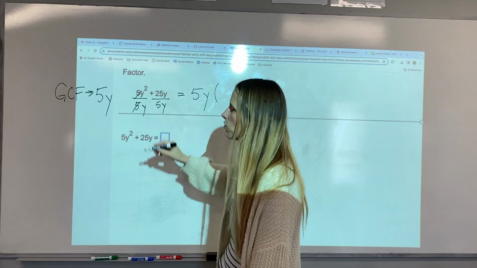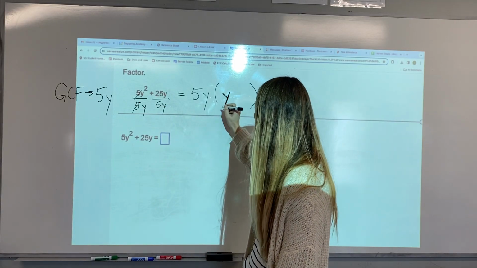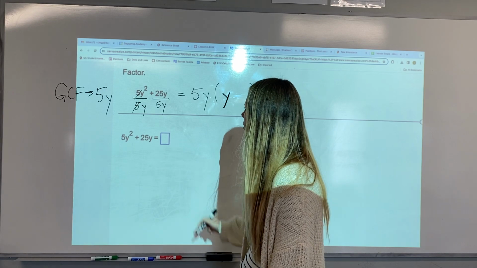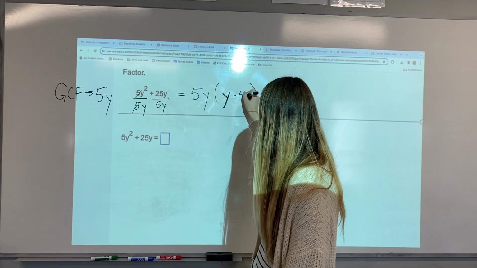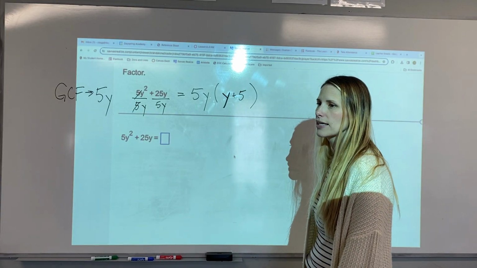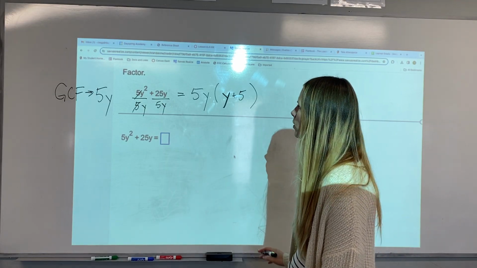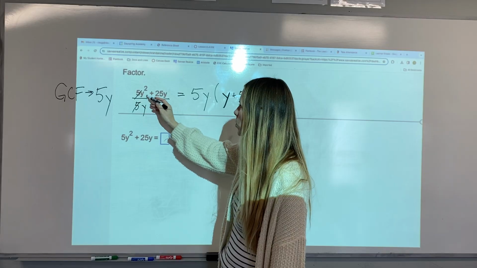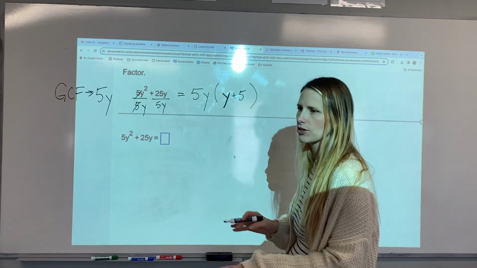Y squared over y equals y to the first, or just y. 25 divided by 5, so plus 5. Y divided by y cancels out to 1. So what we simply did is we rewrote this expression with the GCF factored out.